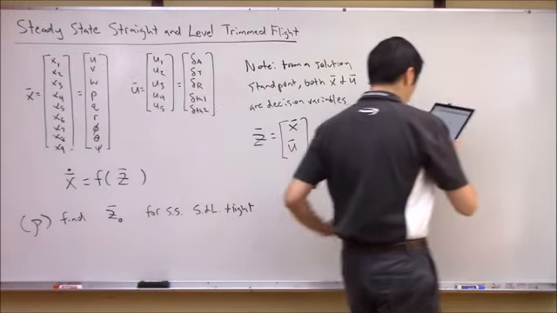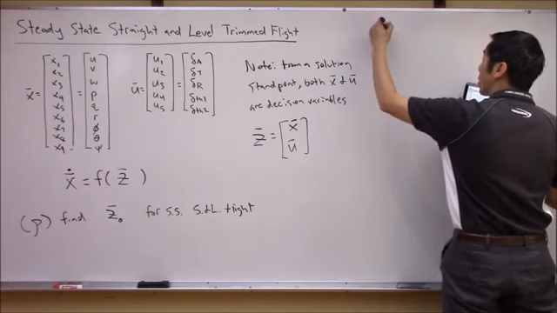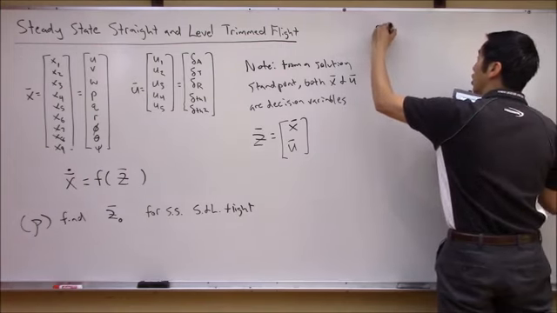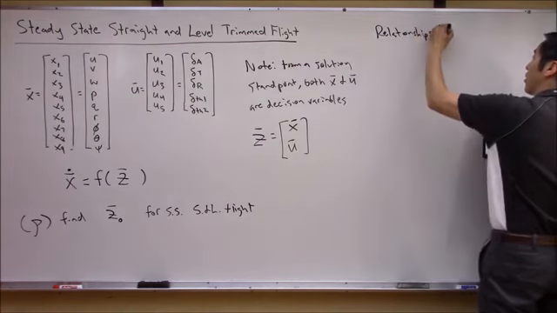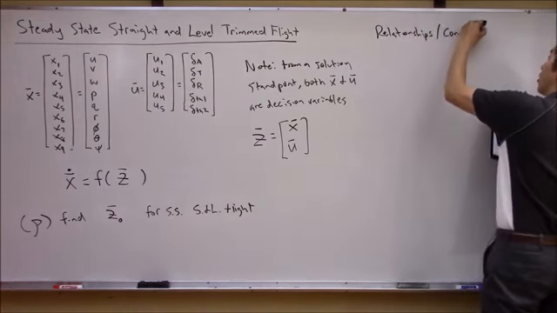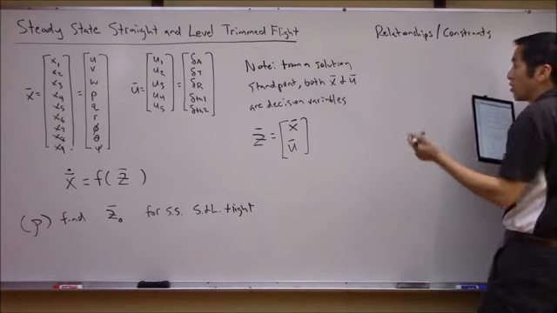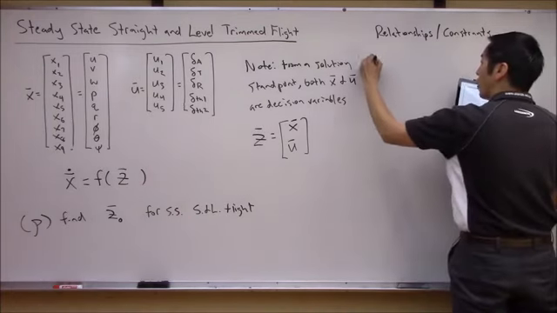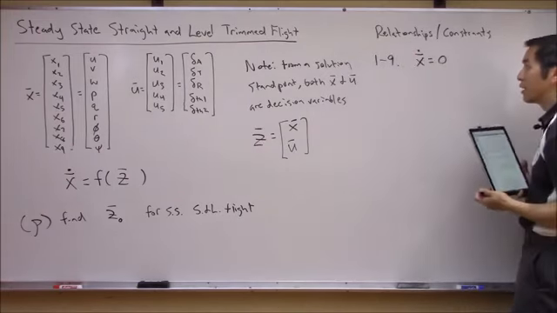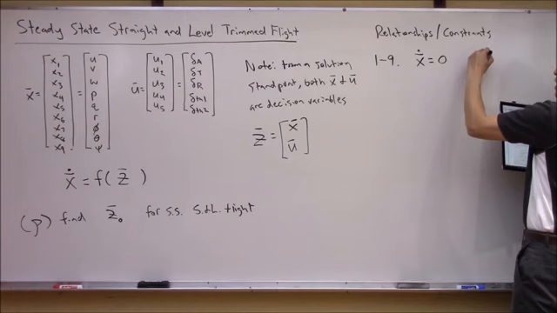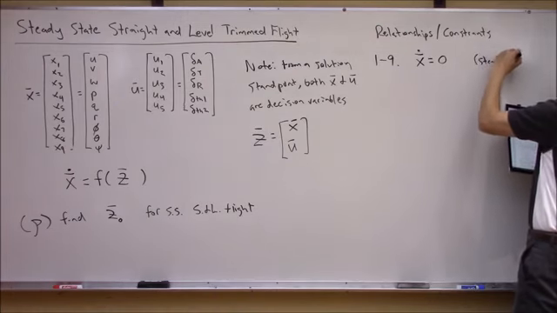So let's write that down right now. Let's call these relationships, or later we're going to see these turn into constraints, or equations, however you want to think of them. Equations 1 through 9 are basically x dot is equal to 0. This is the steady state constraint.